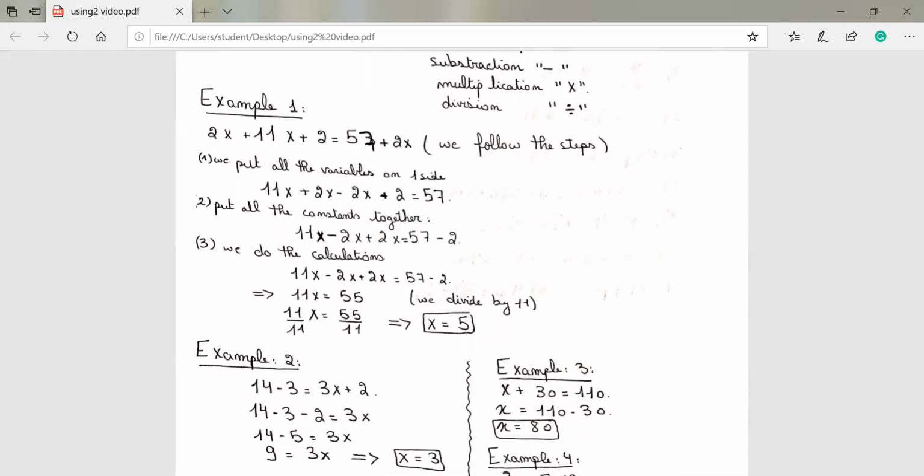Now, example number 3, we have x plus 30 equal to 110. We also do as we said in our previous examples, and we collect all the variables and all the constants.